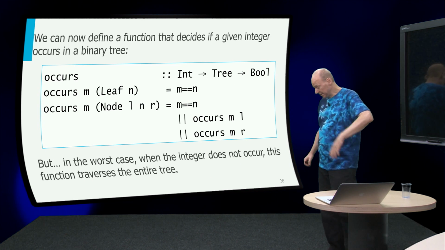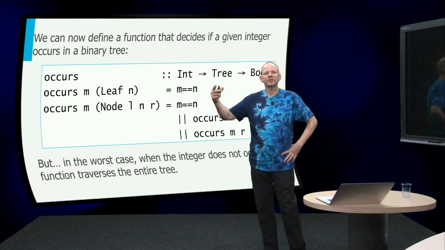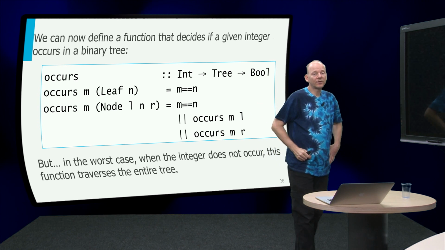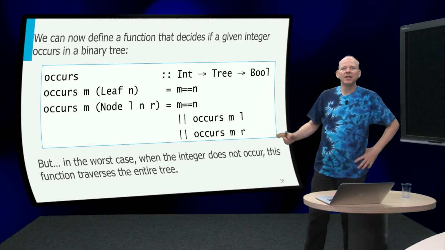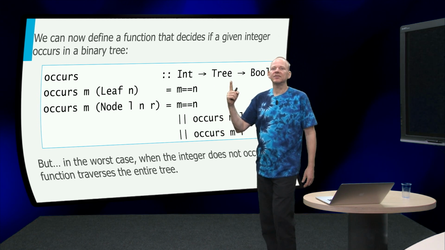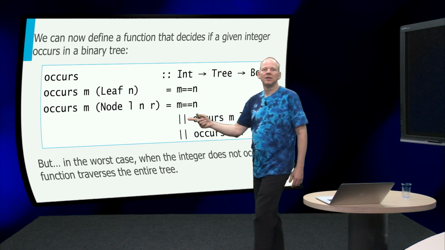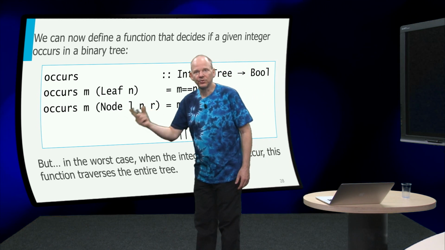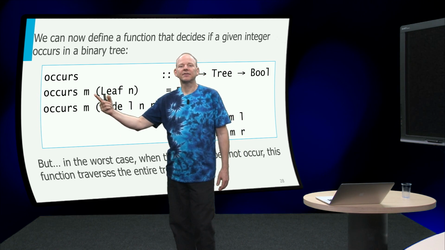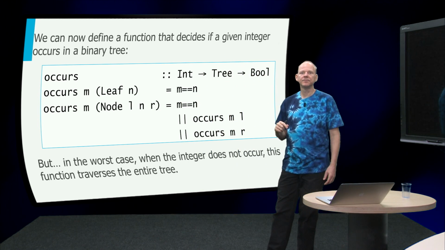Okay, now just like on expressions, we can define recursive functions on the structure of binary trees. So for example, we can search if a given integer is present in this binary tree, and then we will return a Boolean. And we have two cases. If we have a leaf, then we check that the value at the leaf is the same as the value that we're looking for.